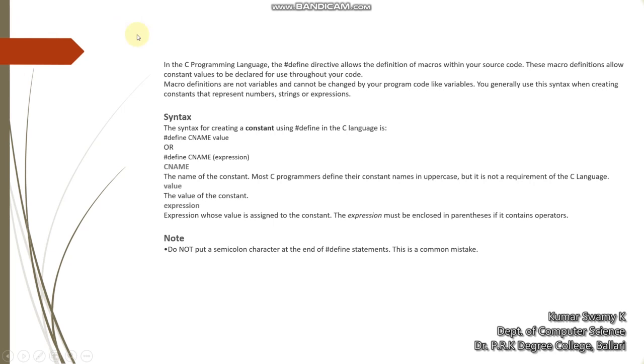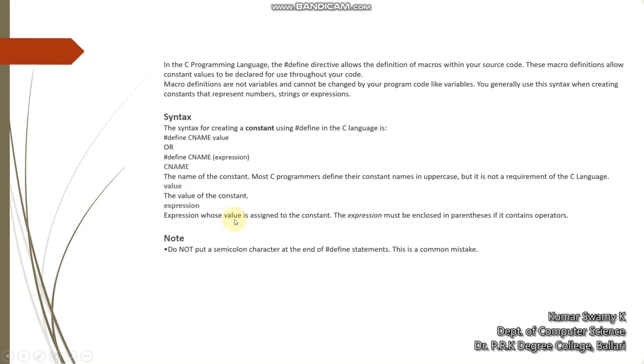In the slide, we have given the macro definition, that is the #define macro syntax. You could see the syntax of this #define: #define, this is string, this is numeric, and one more we have is an expression and a constant type also.